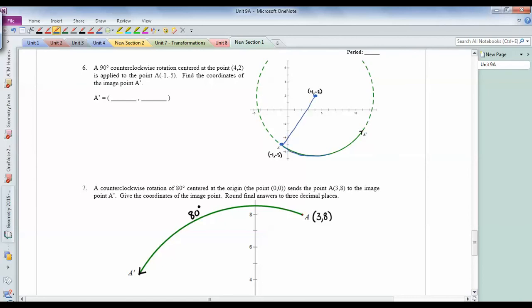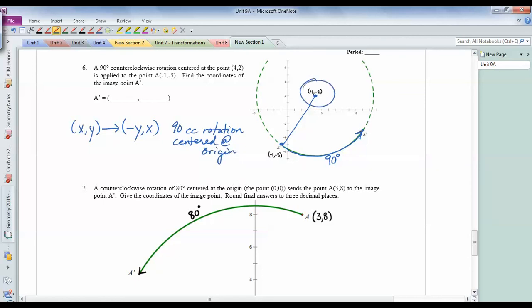Now, you might remember the rule xy turns into -yx as the 90-degree counterclockwise rotation, but that's if the center is the origin, which this one is not, right? The center is 4, -2.